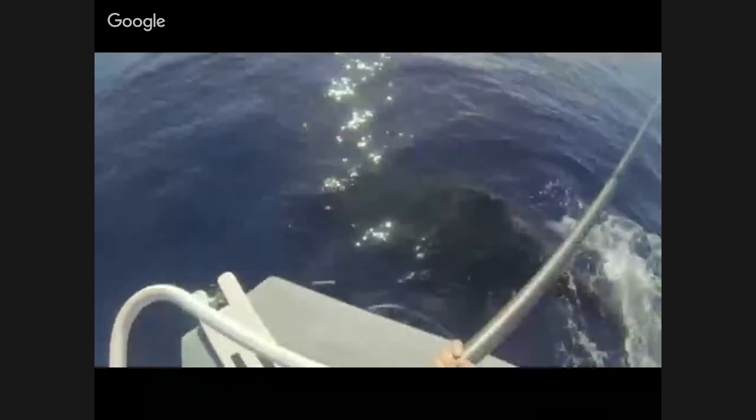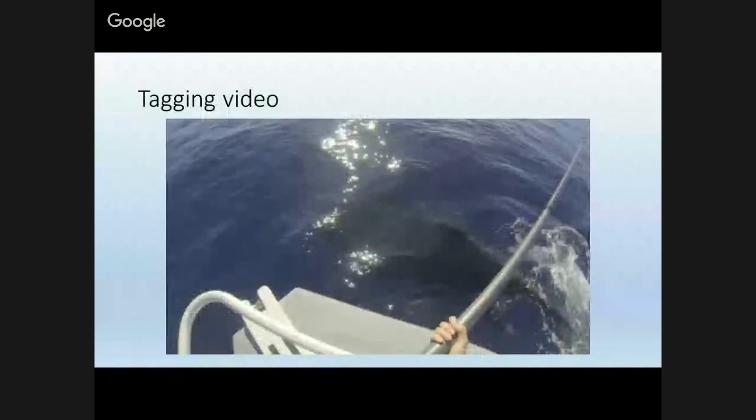So that's one that went pretty well, and you saw the whale come up, and we were able to slap the tag right on her back.